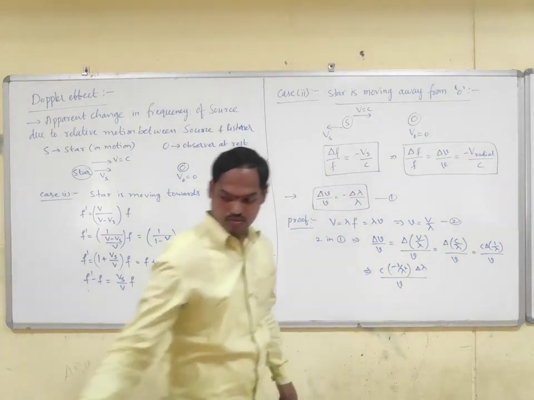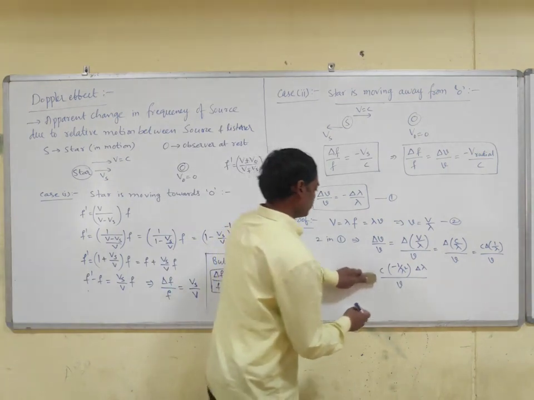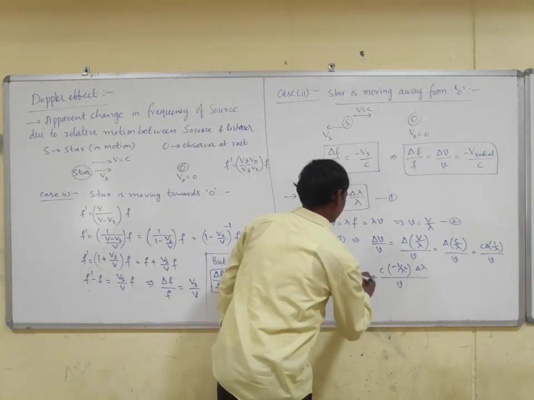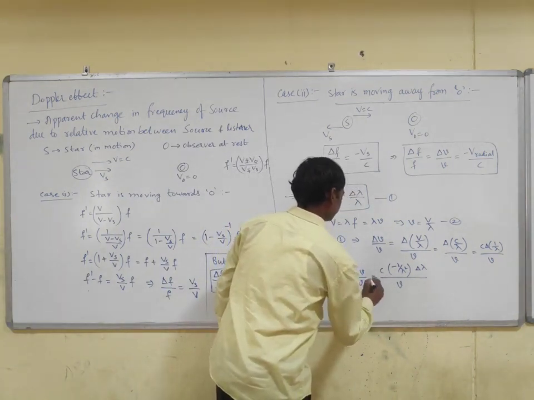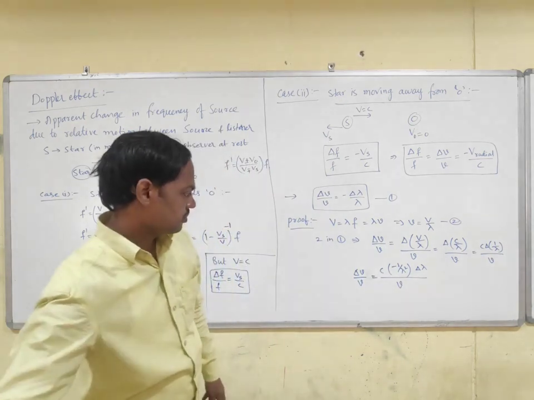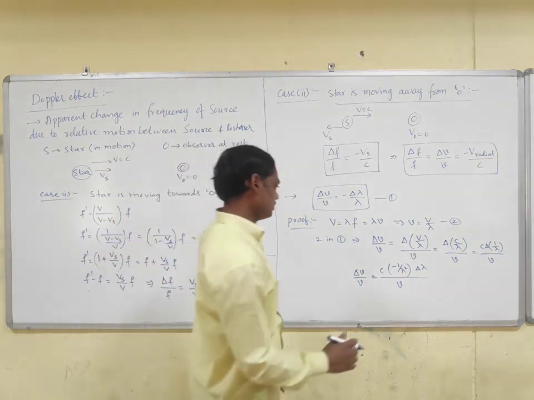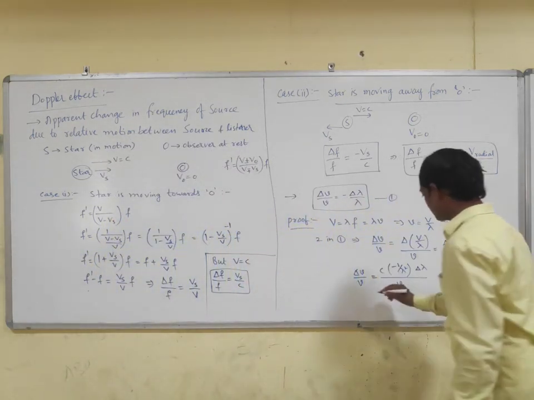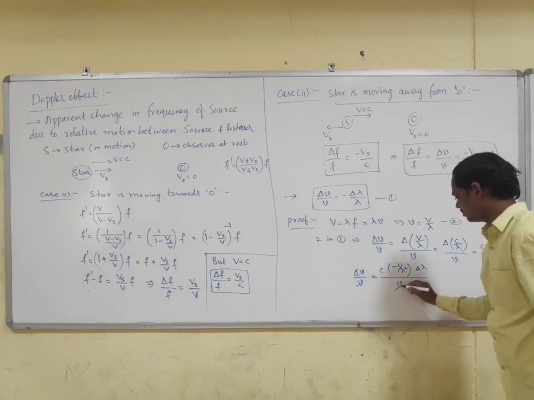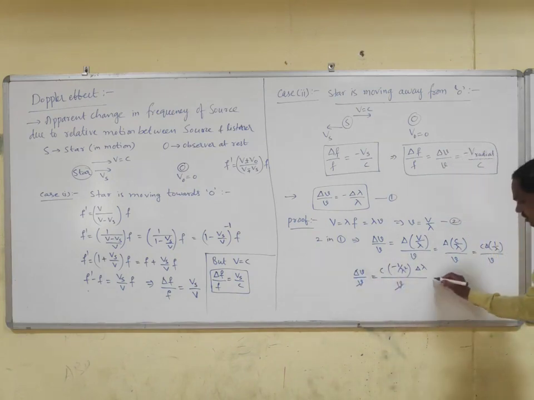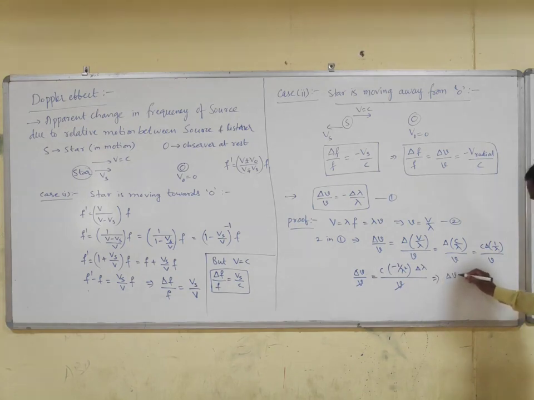So this will be equal to delta nu by nu, the LHS. These two will get cancelled. Then finally, delta nu is equal to minus c by lambda square into delta lambda.